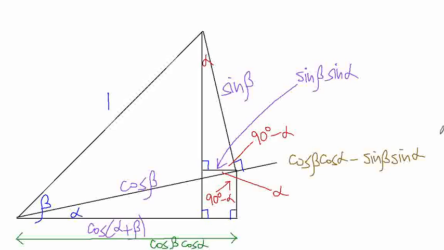I get that length there at the bottom in purple, cosine of alpha plus beta. Okay, so there you have it. We just showed that the cosine of alpha plus beta is equal to the cosine of beta times the cosine of alpha minus the sine of beta times the sine of alpha. Okay?